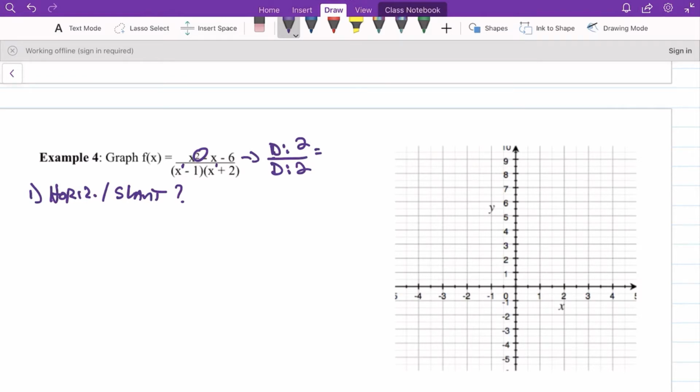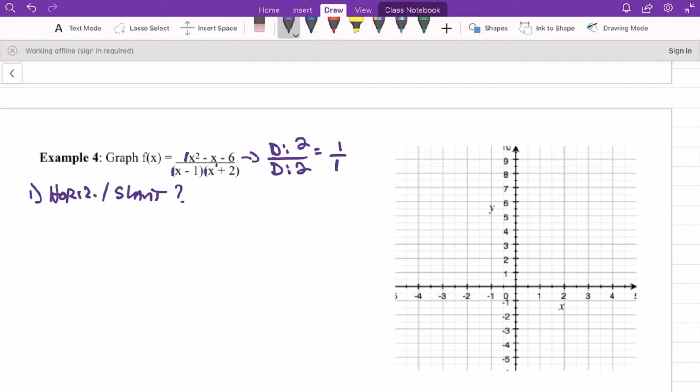So what that means is if the degrees are equal, we need to take the lead coefficient. So the lead coefficient of the numerator would be 1. So you take the lead coefficient of the numerator, and then you take the lead coefficient of the denominator. Now the lead coefficient in front of both x's is 1. So again, if you multiplied everything out, you would have 1 times 1 is 1.